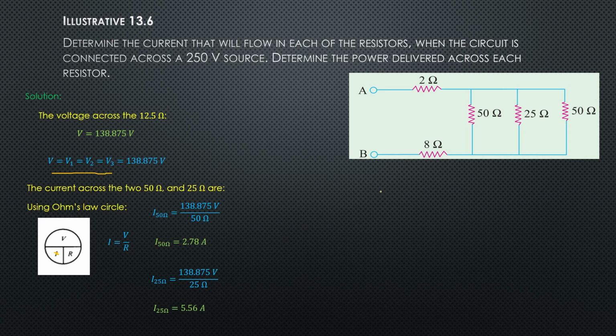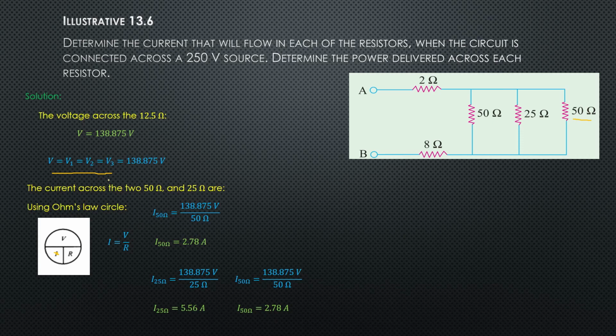Now for the last resistor, which is 50 ohms, similar to this value, the current on the last resistor is voltage all over resistance, which is 138.875 volts divided by 50 ohms, that gives us a similar value of 2.78 amperes.